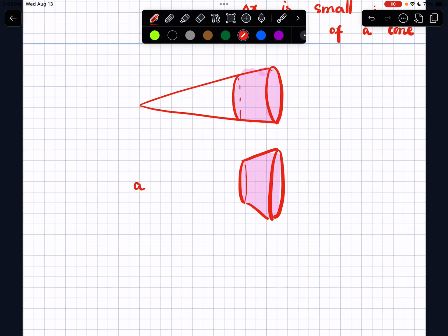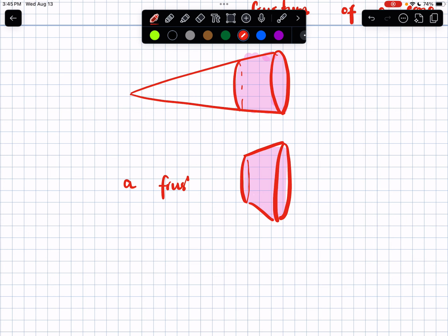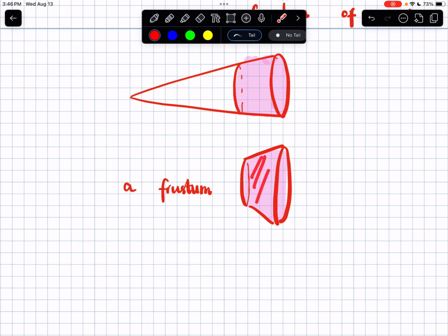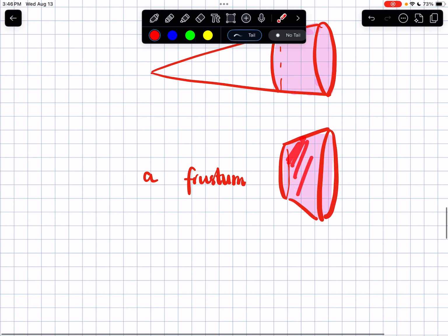The surface area of the frustum: recall that we don't consider the area of the base. So the two discs here, we don't compute the area. We only compute the area of the surface here.